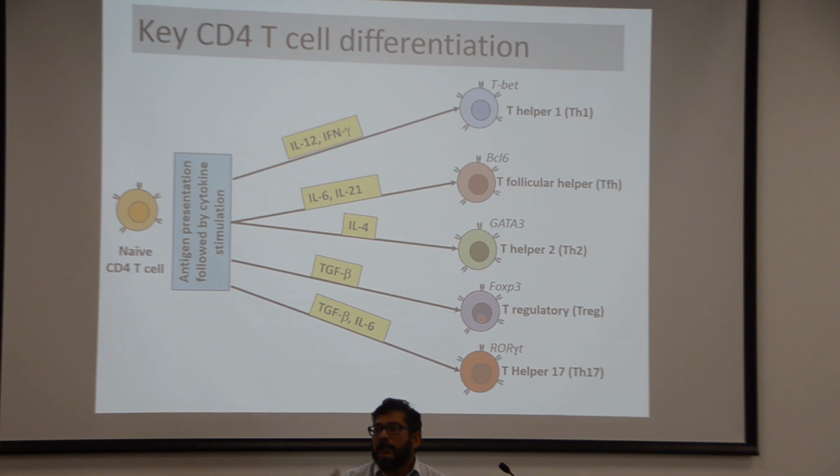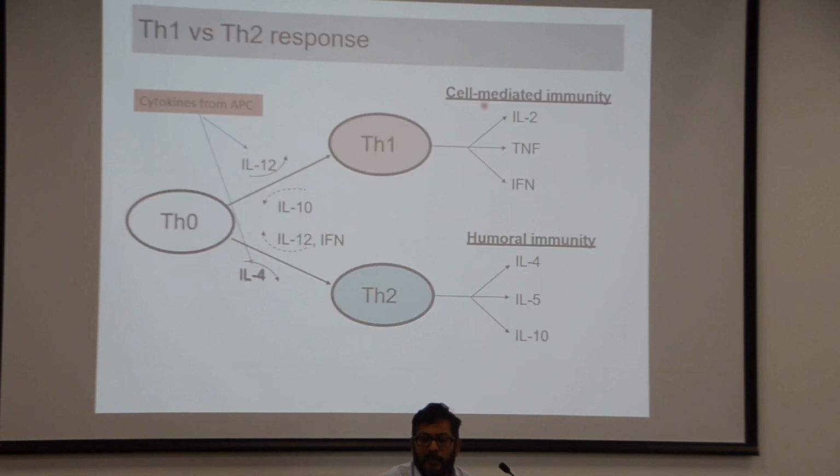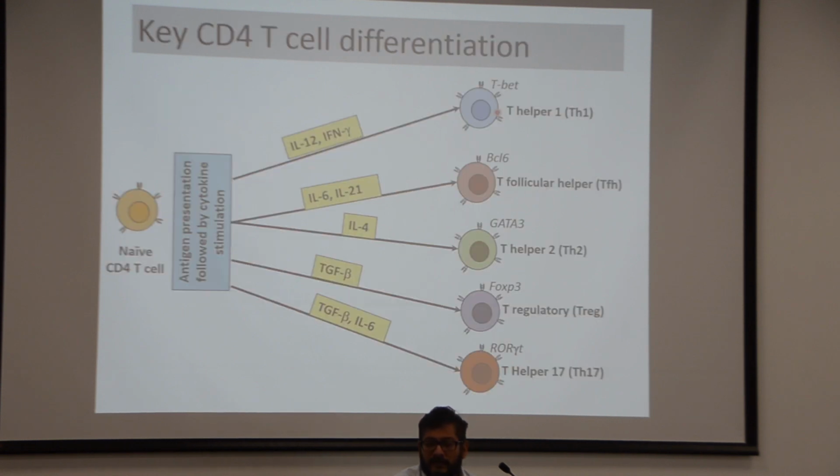One is interleukin 10, the other is TGF beta. Okay, those will be the products coming out from here. If the transcription factor is T-BET, it will keep telling the T helper 1 to induce IL-2, TNF alpha, and interferon gamma. Okay, so these transcription factors regulate the products of these different kinds of T helper cells. Okay, does that make sense?